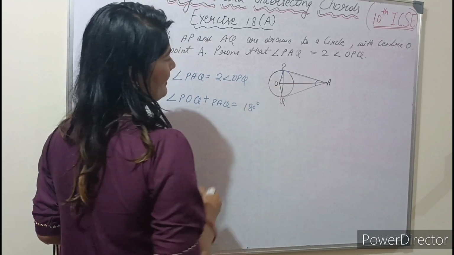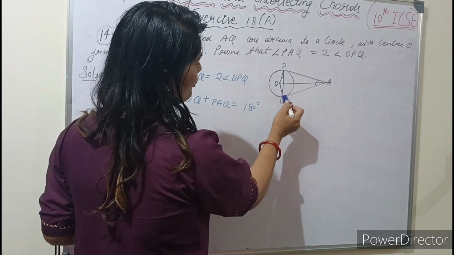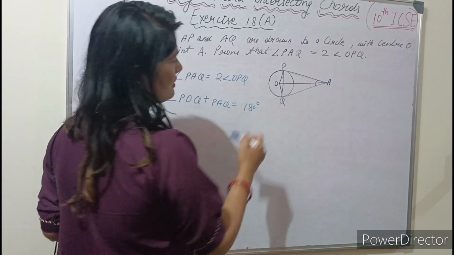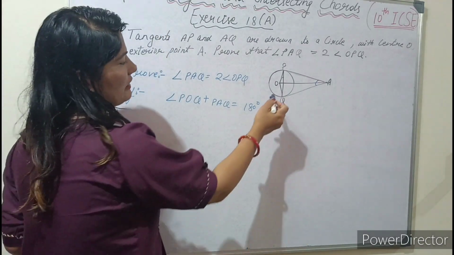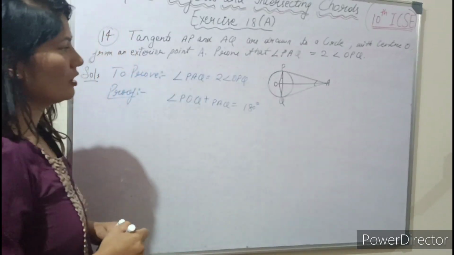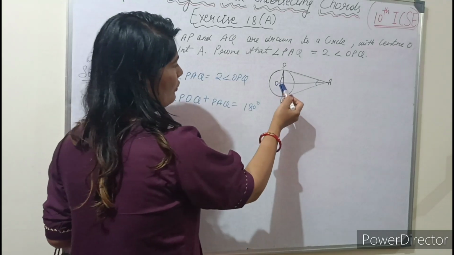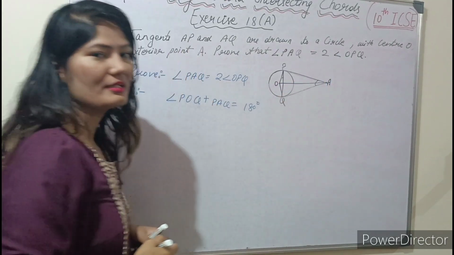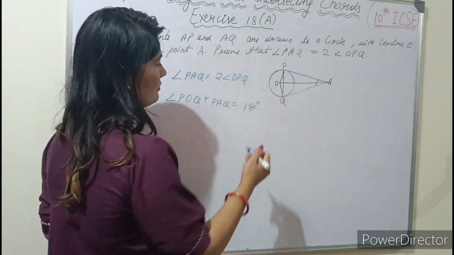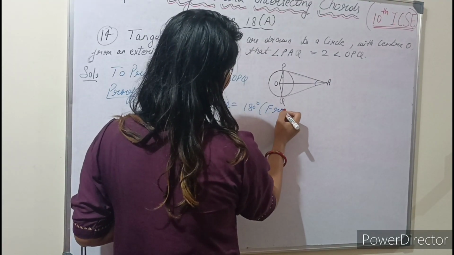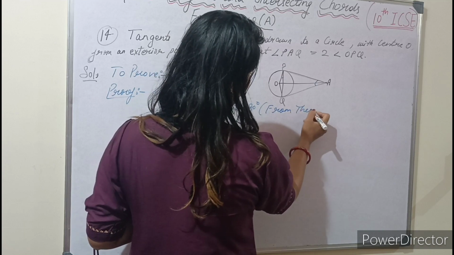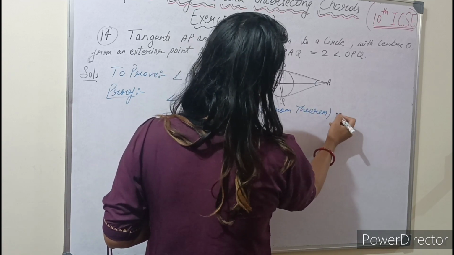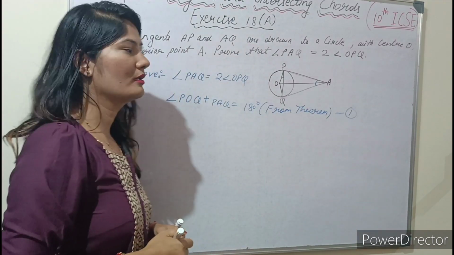This angle will be a right angle. In the similar way, OQ is the radius and AQ is the tangent. So again angle Q will be 90 degrees. So now these two angles are left, angle O and angle A. So therefore angle O plus angle A sum will always be 180. You can write here from theorem. And this will be your equation 1.